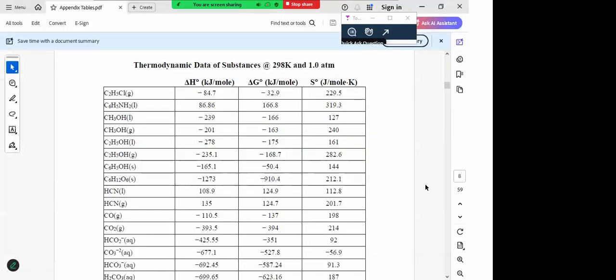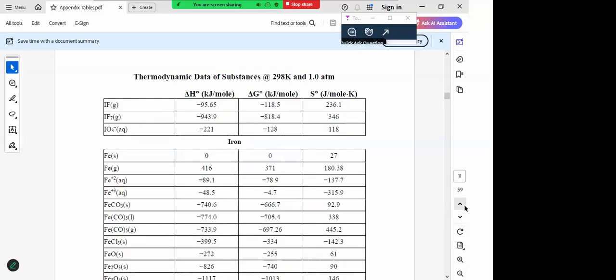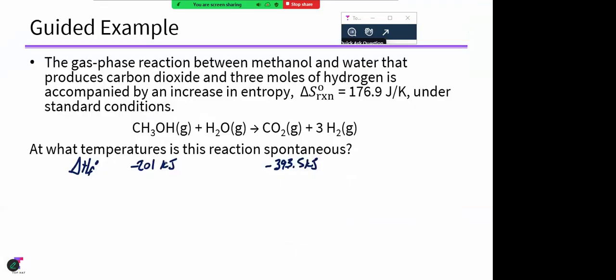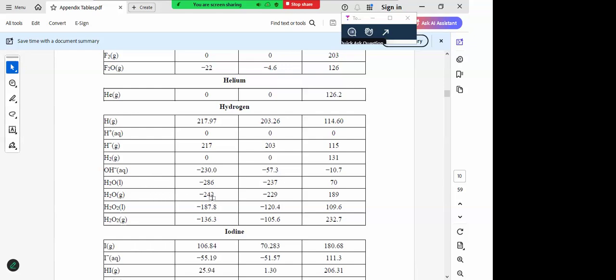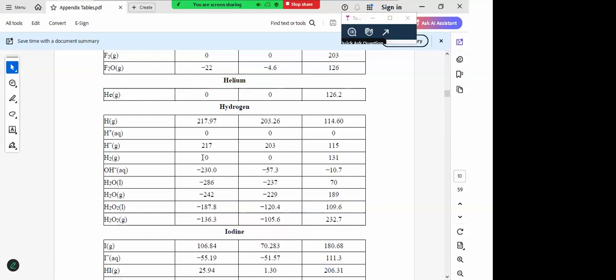And then go to hydrogen for water. Water in the gas phase would be negative 242. And hydrogen in the gas phase would be 0.